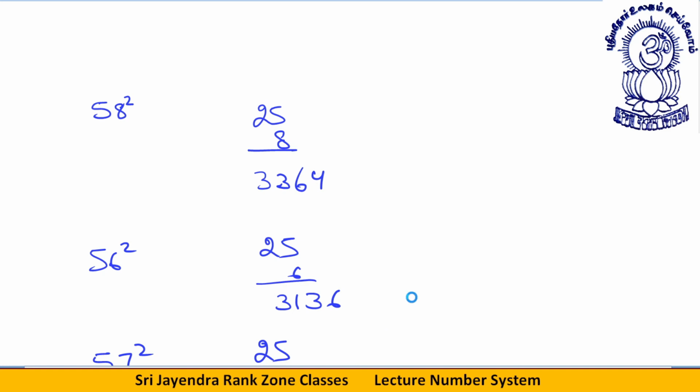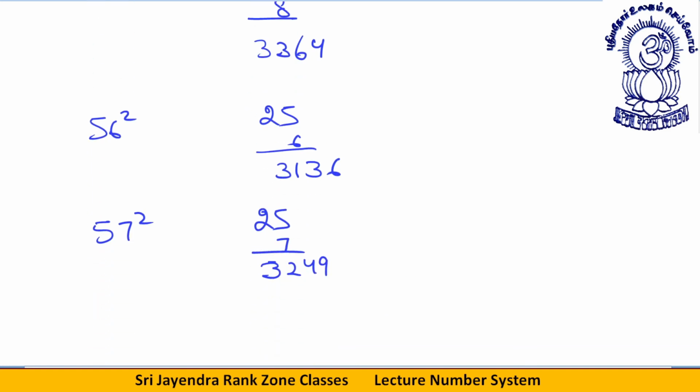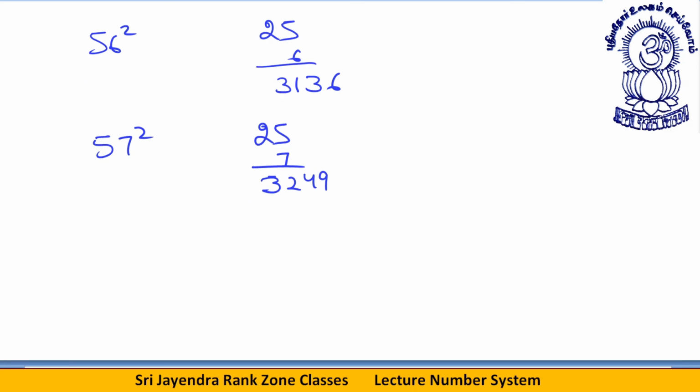A very beautiful thing I will show you. 59 square. What you do is write 25 plus 9, then 9 square, 81. This becomes 3481.